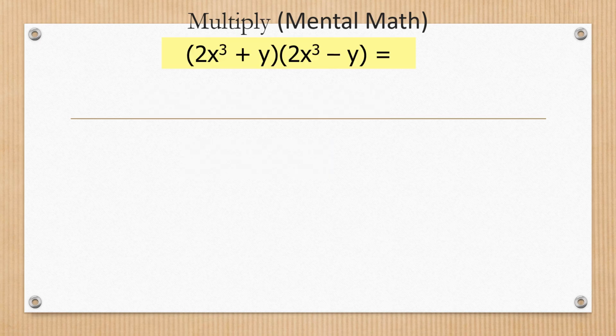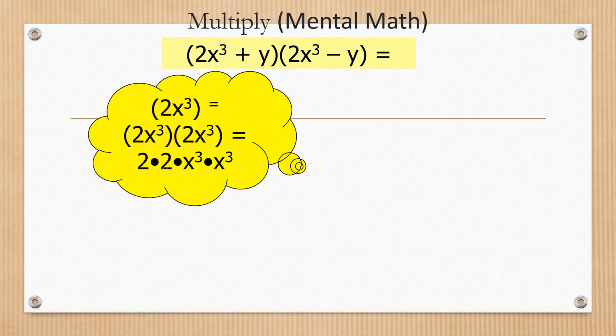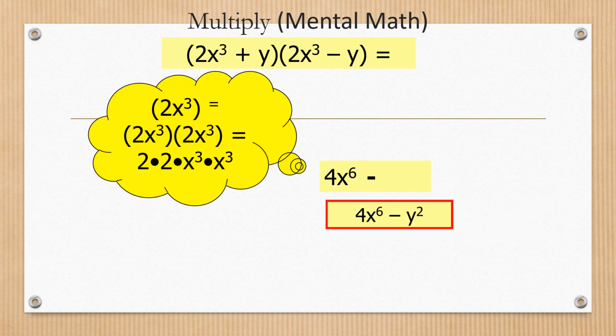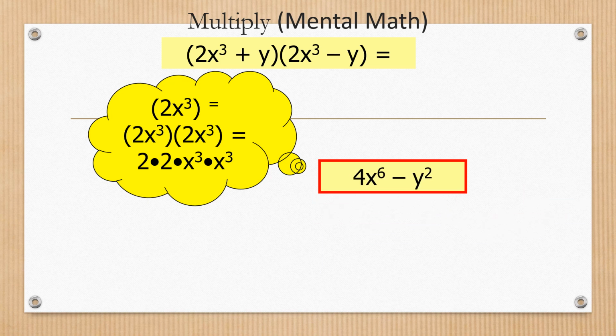Next, another one we multiplied mentally. We have 4x to the 6th power, I think, no? So we have here 4x, just like that, and then 4x squared, that is 4x to the 6th power, minus y squared.